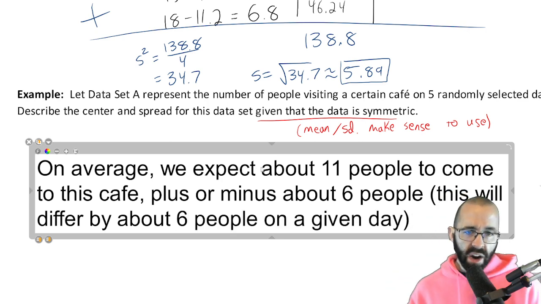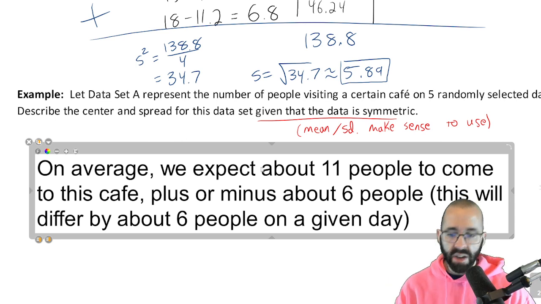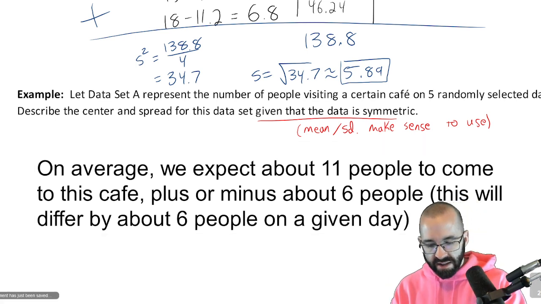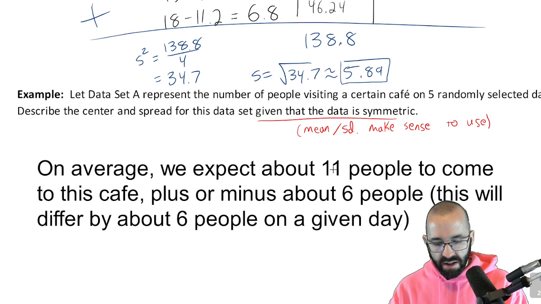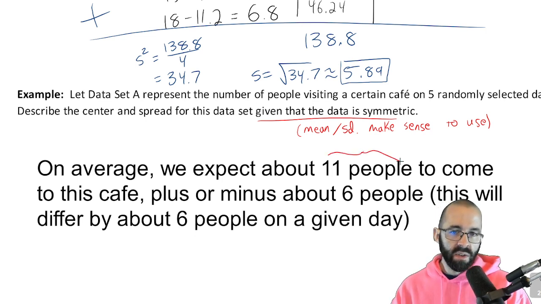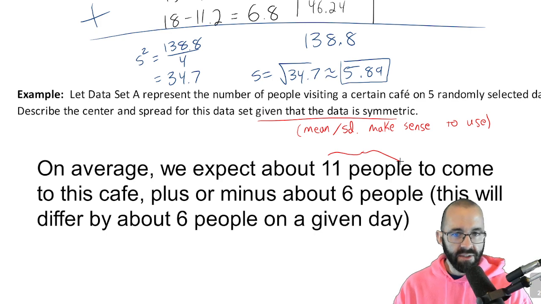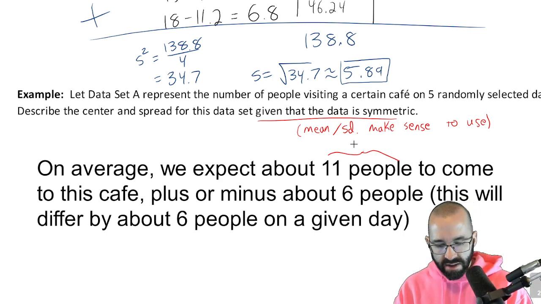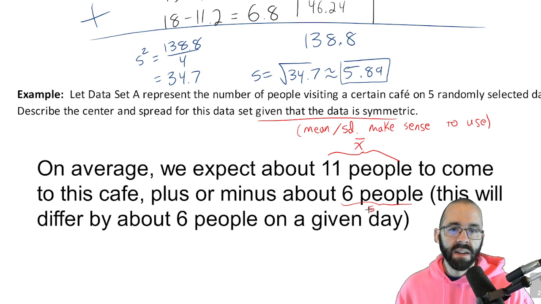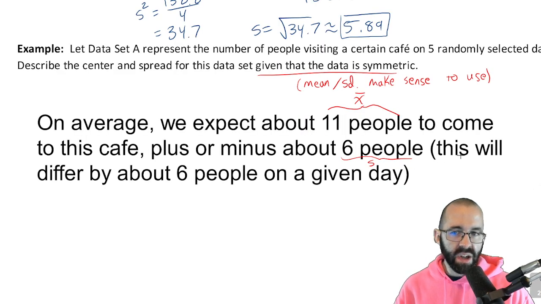A lot of ways that you can phrase this. But the important thing is that the average is 11.2, expect about 11 people. And the standard deviation, again, this has to do with x bar, and this has to do with s. And then this parentheses is just another way of explaining it.